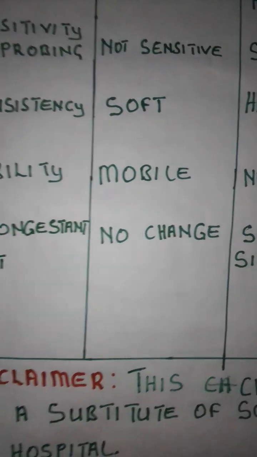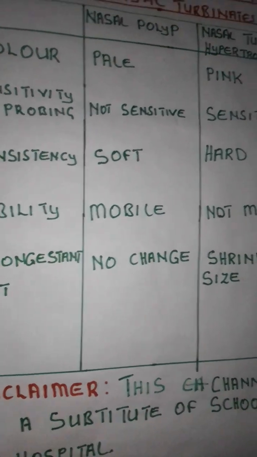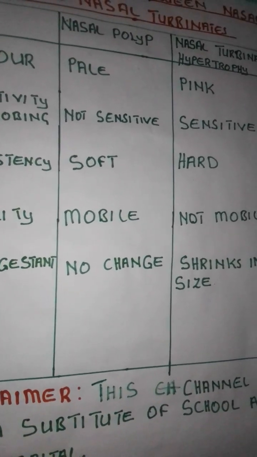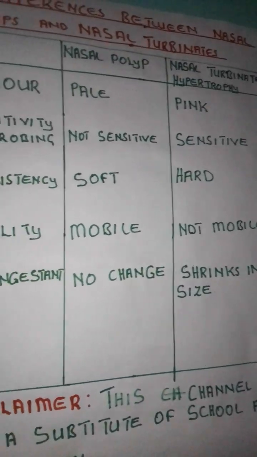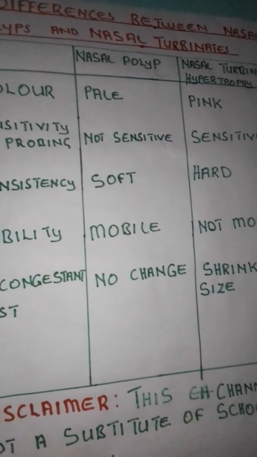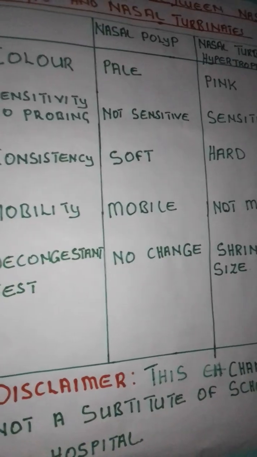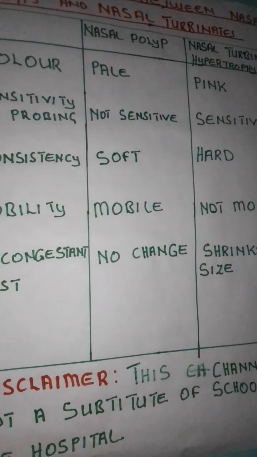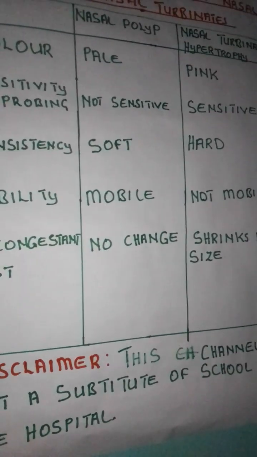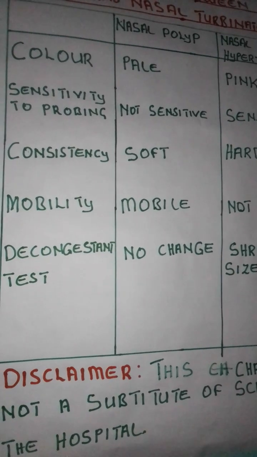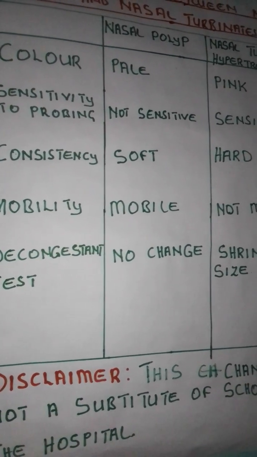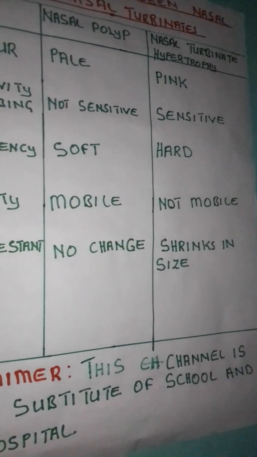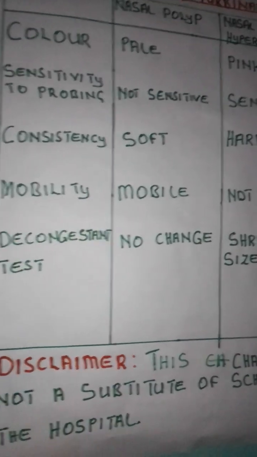So now, how can you differentiate between nasal polyps and nasal turbinate hypertrophy when the turbinates get inflamed? What are the differences? In color, the nasal polyp will look pale, while the nasal turbinate will look pink.